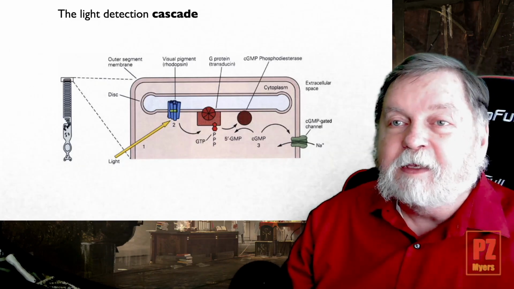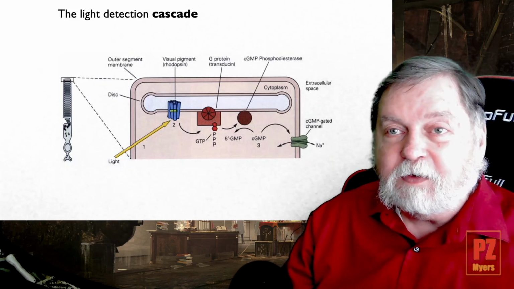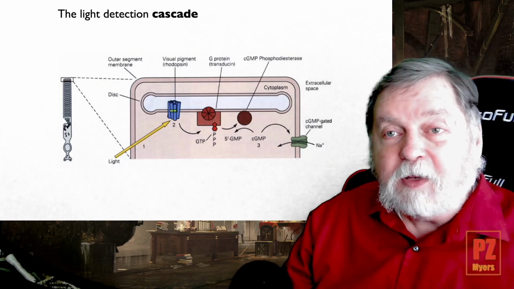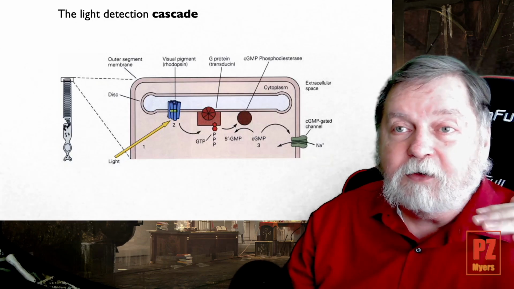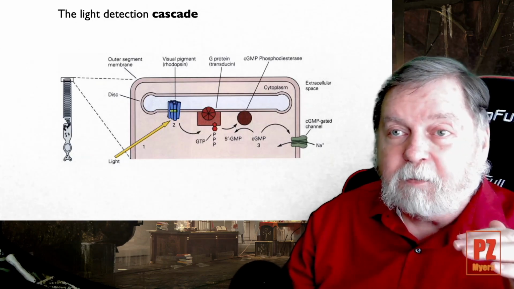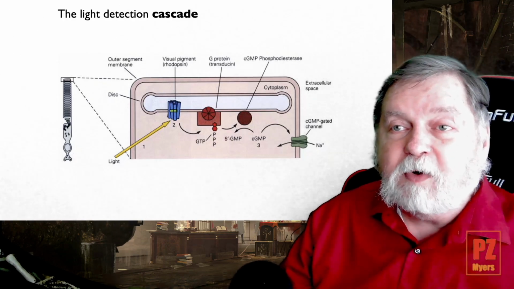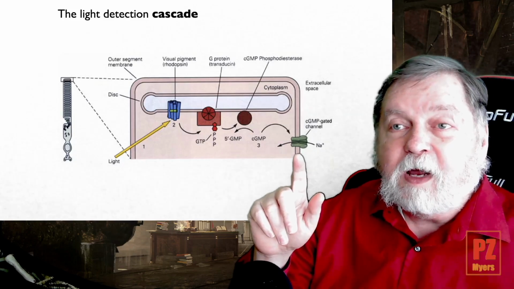The point of that is that if you shine light on this system, it turns on PDE, which then breaks down cyclic GMP, so the cyclic GMP concentration declines. It drops down radically. And that has the effect that in the membrane of this cell, right there, there's an ion channel.